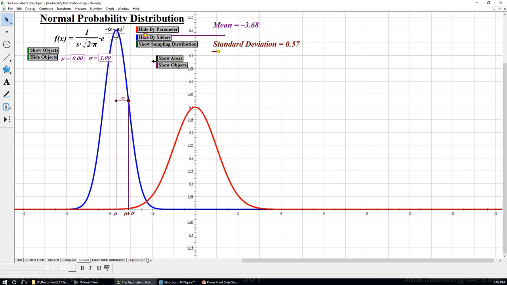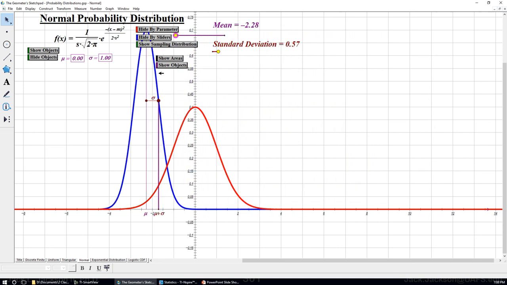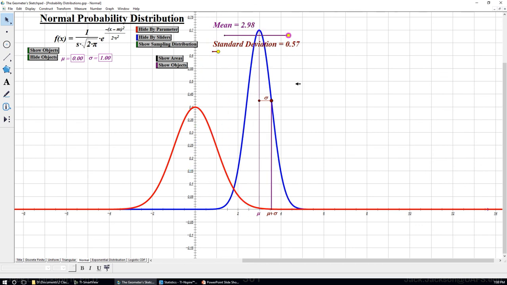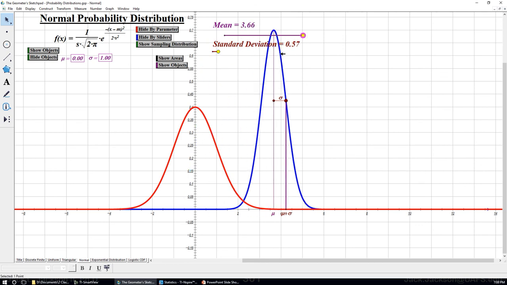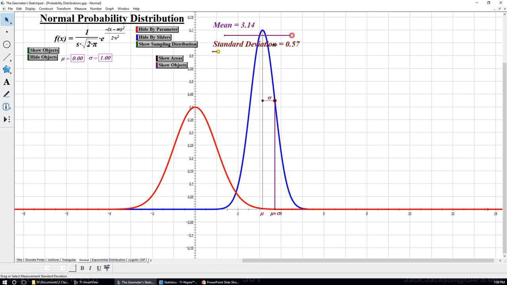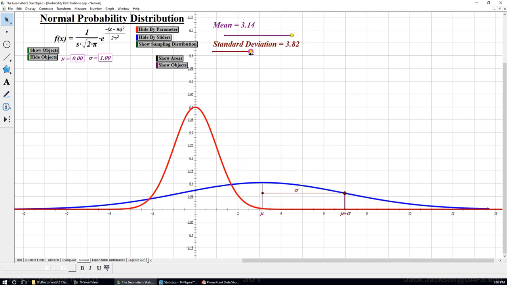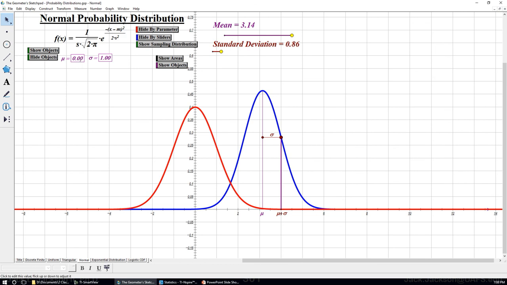So that shows you how you can see that dynamically moving around. I think that's kind of helpful to see what's happening with changing the mean and the standard deviation. This one over here I have set up where I can actually just type in a particular mean and standard deviation if I want and get it to work out.